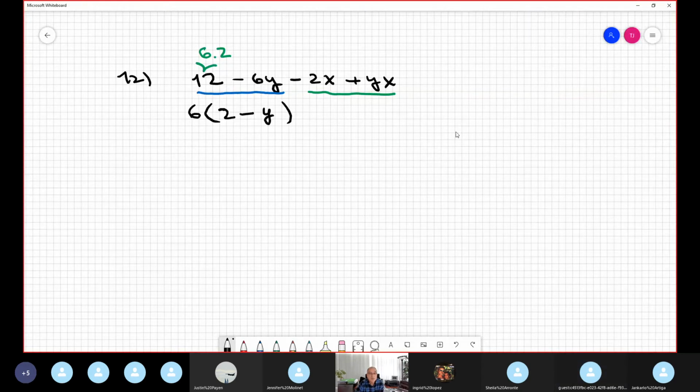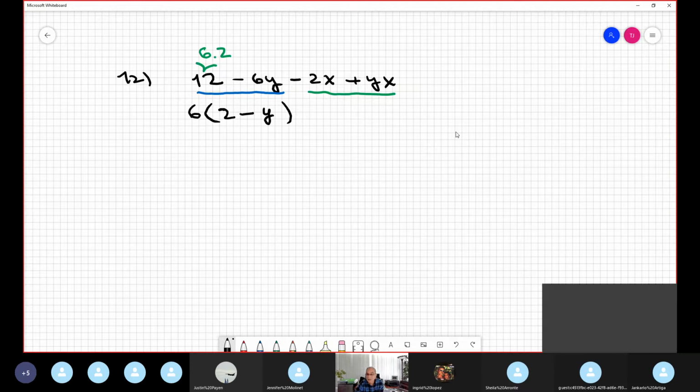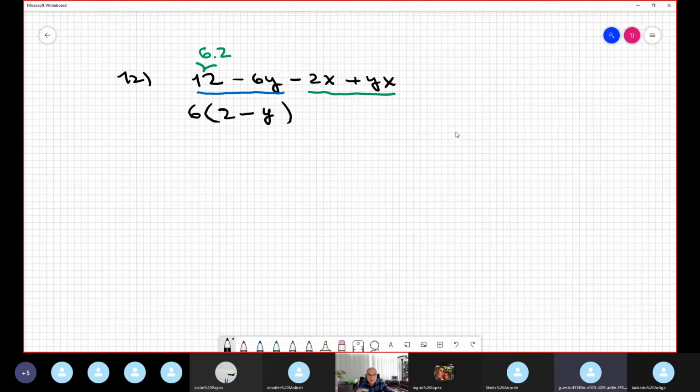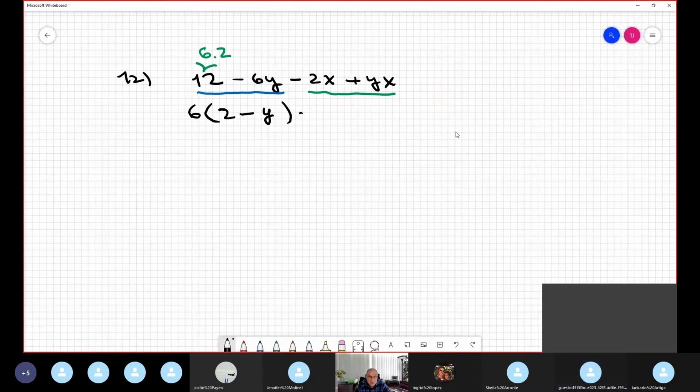Minus y. 2 minus y. What is the GCF in the second? What is the common factor you can see? X, no? You recommend me factorization X or negative X? Negative X. Exactly. Negative X. This is the detail. So we have 2 positive minus y.